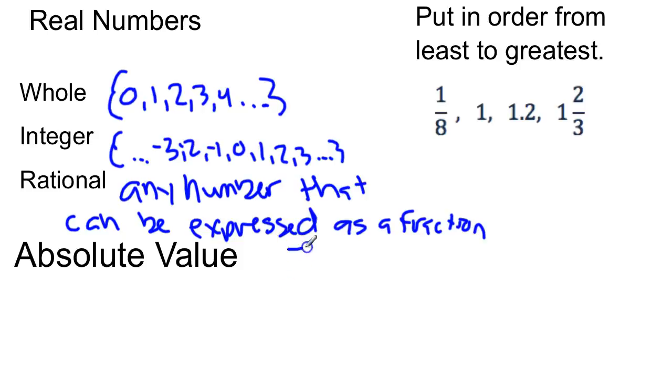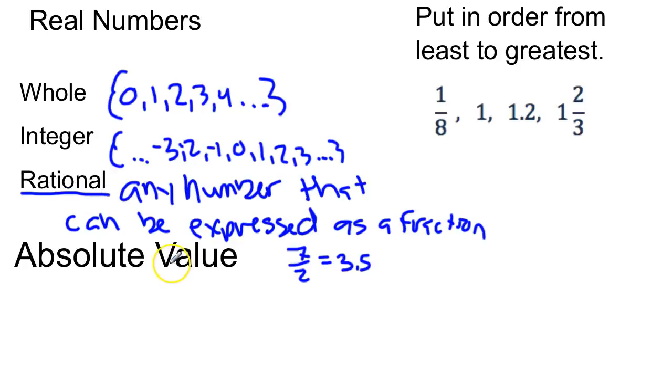So for example, if we had 7 over 2, right, that really equals 3.5. So if you see a decimal like 3.5, you can write that as a fraction, and that will be a rational number.